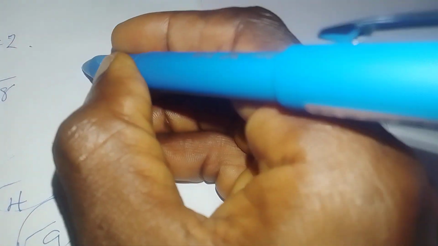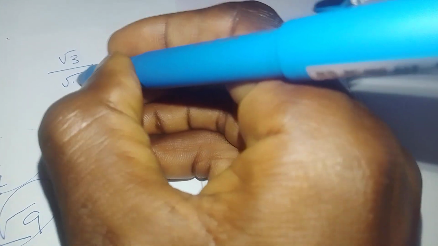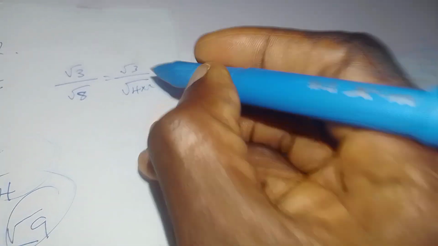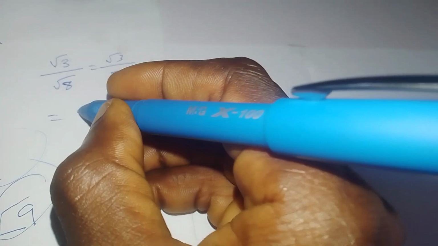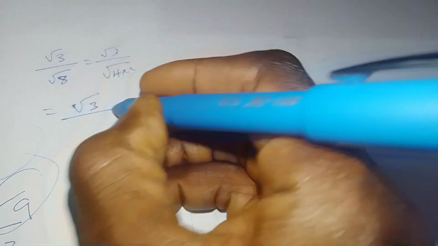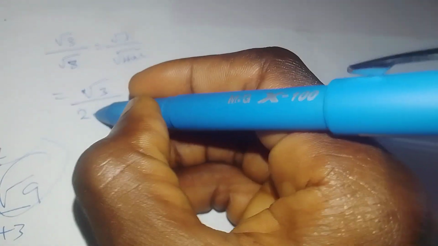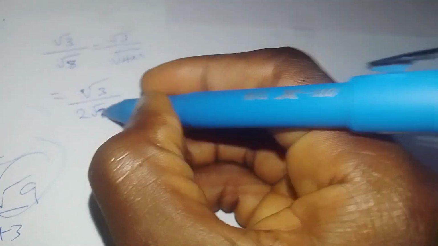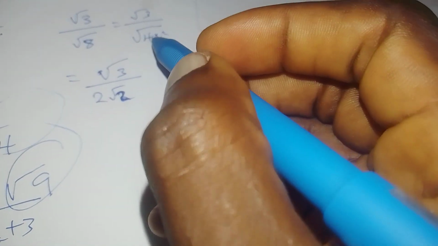Let's assume that I have the square root of 3 divided by the square root of 8. We can say the square root of 8 can be written as the square root of 4 times 2, which equals 2 root 2, because the square root of 4 is 2. That's how we bring the 2 out.